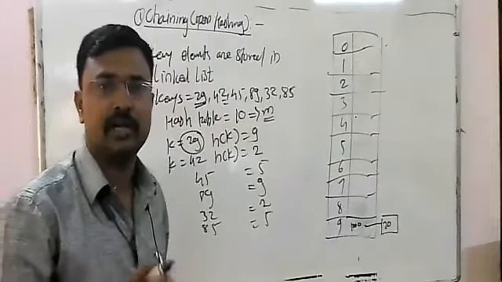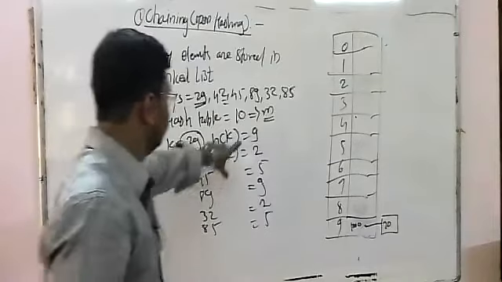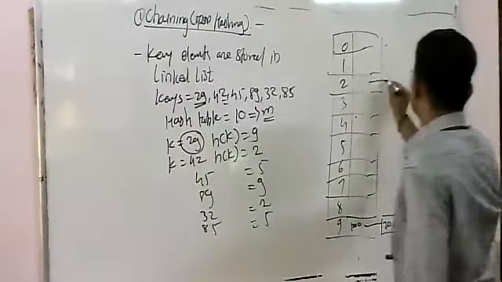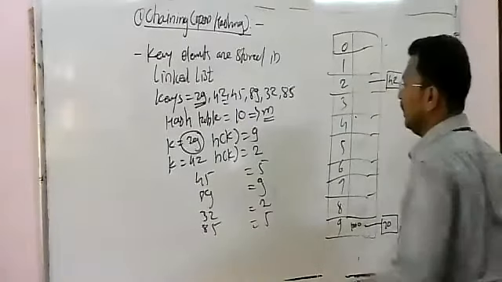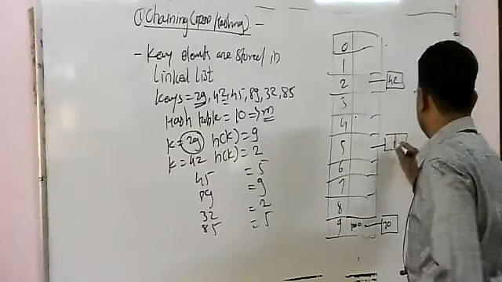Now next, 42. Where do we have to store it? At 2. Then 45 is stored at 5.